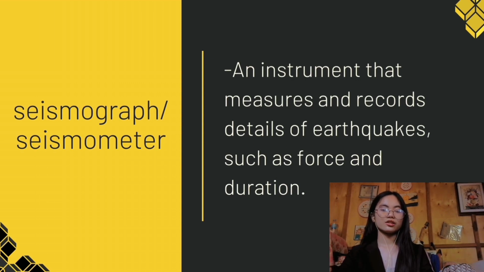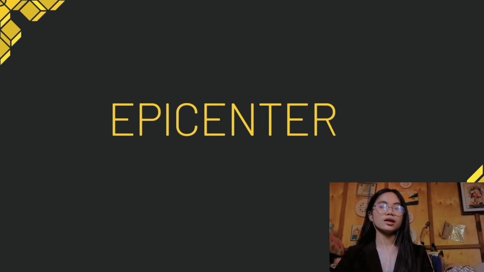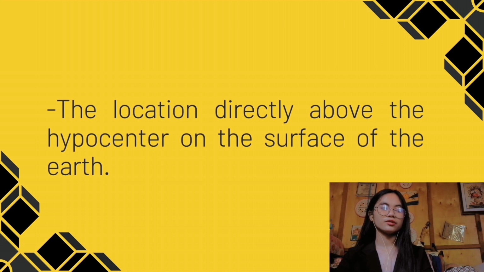Whenever there is an earthquake, the word usually heard is epicenter. So what does epicenter mean and how does it connect to the earthquake? The epicenter is the location directly above the hypocenter on the surface of the Earth.